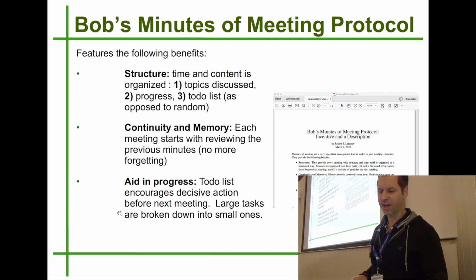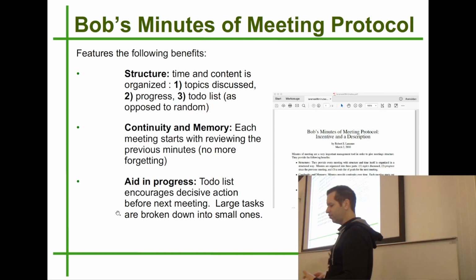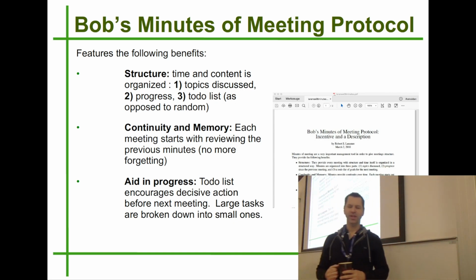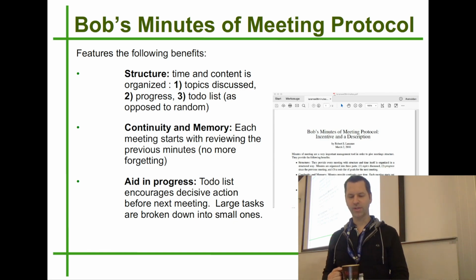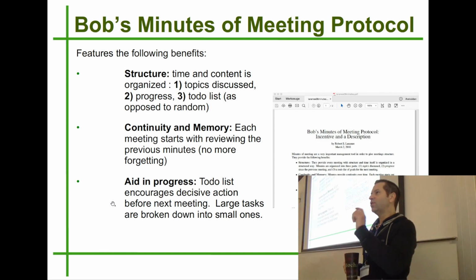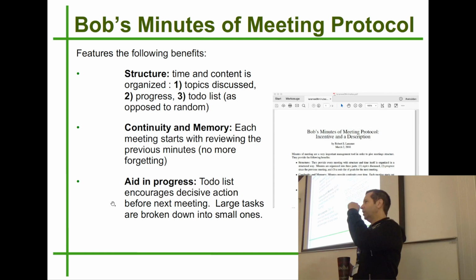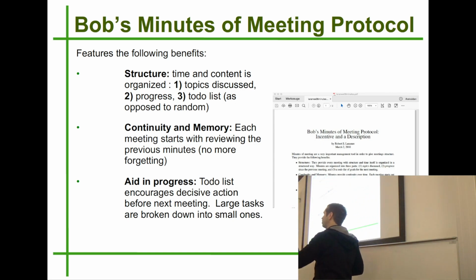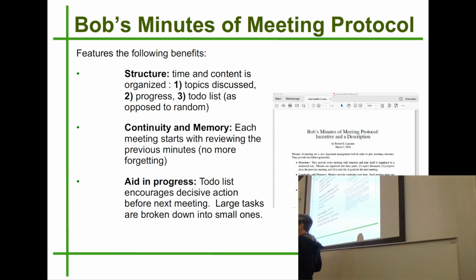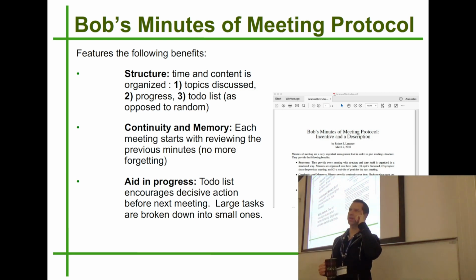And they facilitate progress. So they provide structure, continuity, but they also help in progress. So the to-do list, if you're having weekly meetings, forces you or encourages the attendees to think, okay, what is something that we can work on between now and the next meeting?